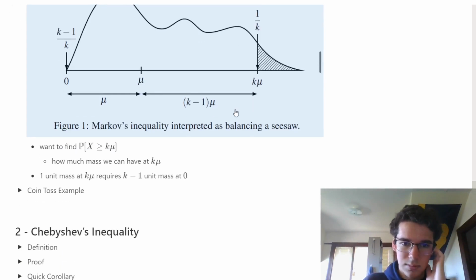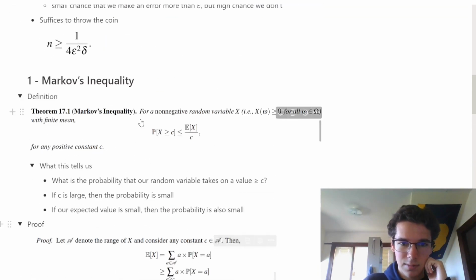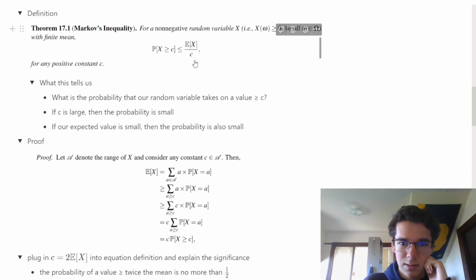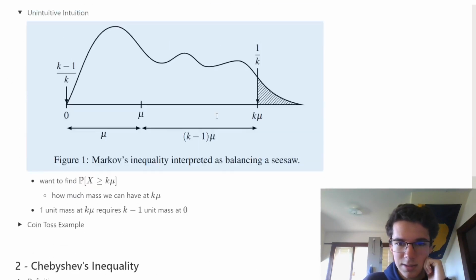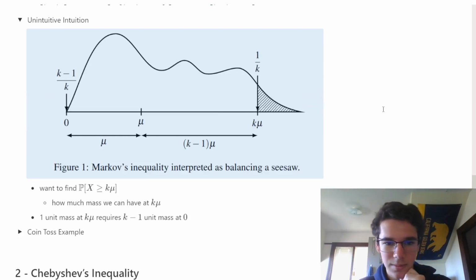So, as we discussed earlier, if that value is high, then it's going to be unlikely that we obtain that value. I think that's the most important piece of intuition you need to understand.